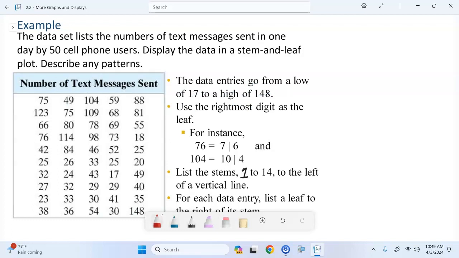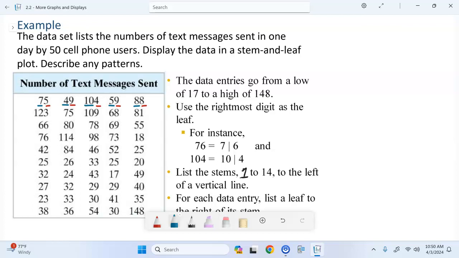Your leaves are all the single digits, and your stem is every other digit on the left. So for the number 75, my stem is a 7, my leaf is a 5. For 49, stem is 4, leaf is 9. For 104, the stem is 10, and the leaf is 4.